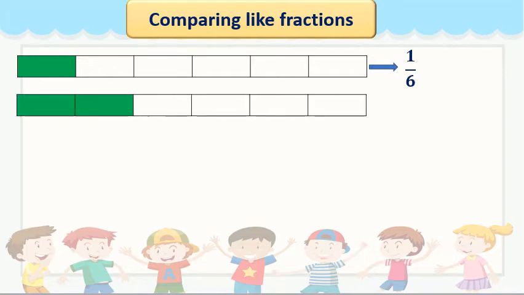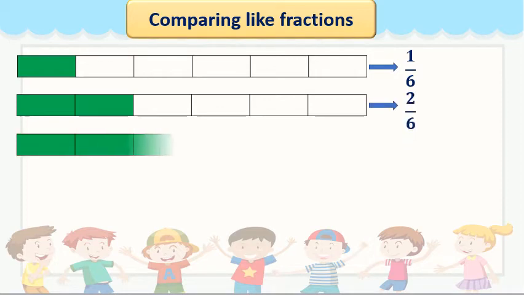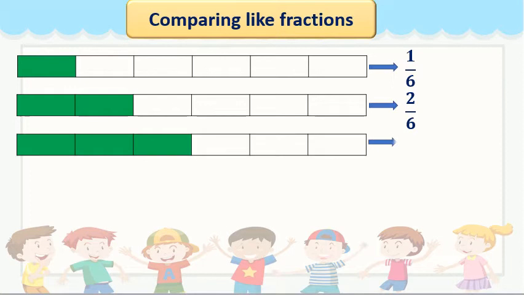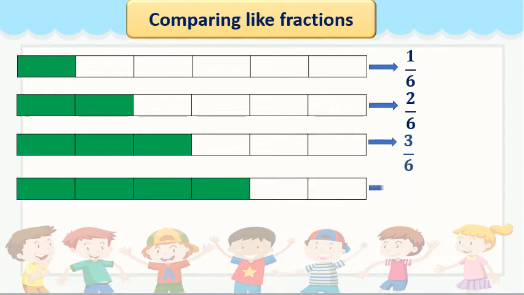Now second, the same rectangle, again 6 parts are there, and how many parts are colored? 2. The same one, here 3 parts are colored. The same rectangle is taken but 4 parts are colored.